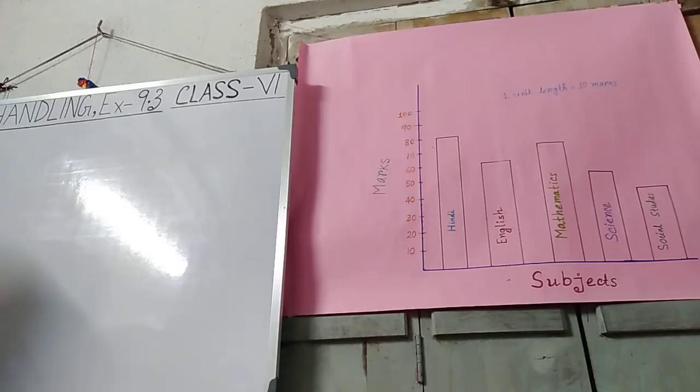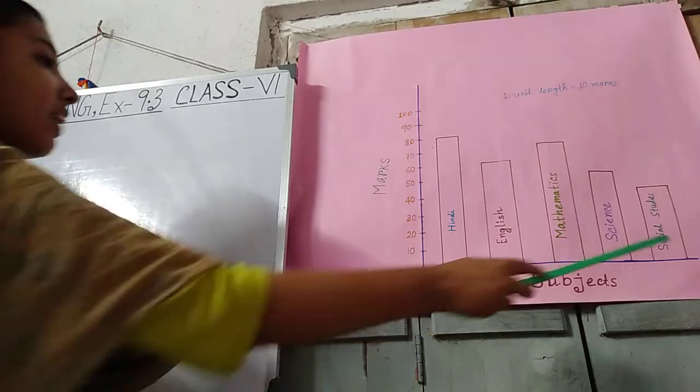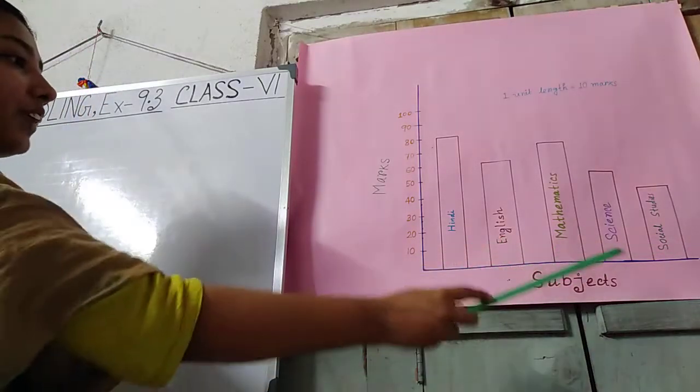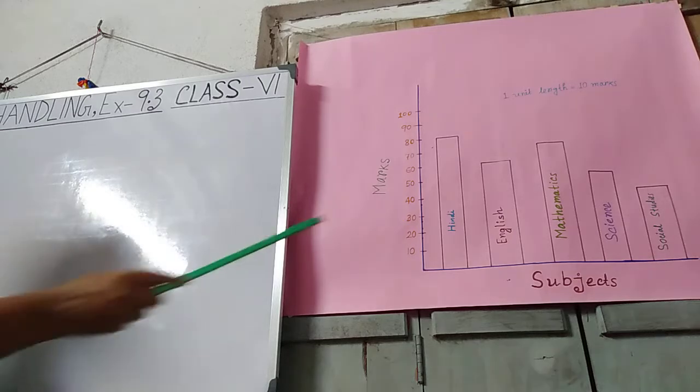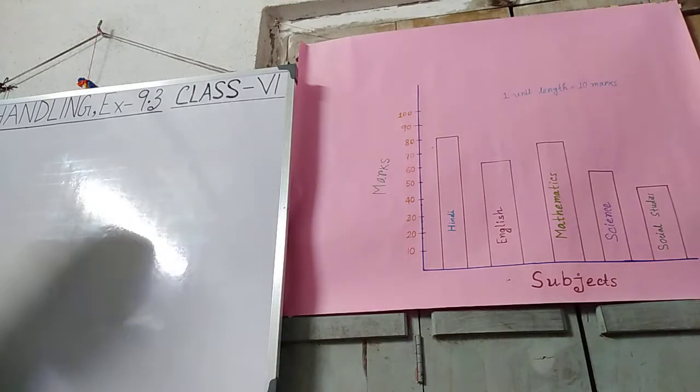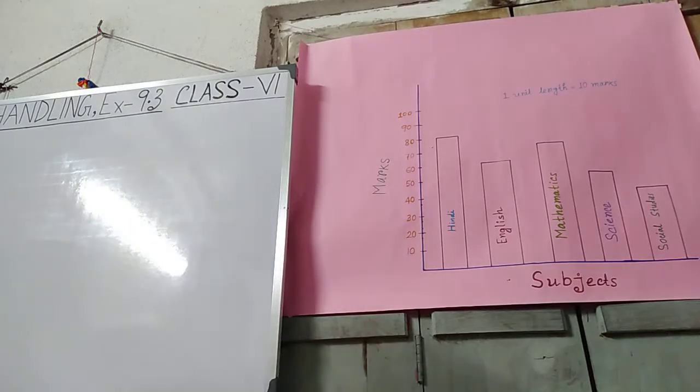Now question number 3. Observe this bar graph which shows the marks obtained by Aziz in the half-yearly examination in different subjects. Here we can see that on the horizontal line different subjects are there, and on the vertical line marks are there. Marks from 10 to 100 are given.